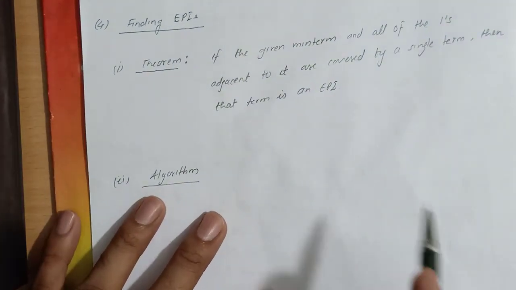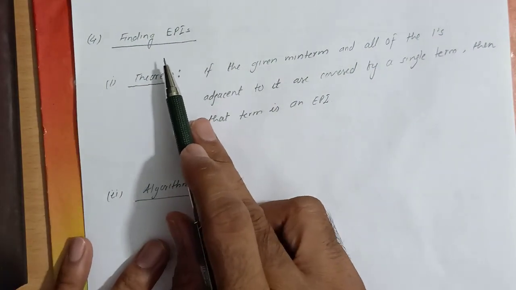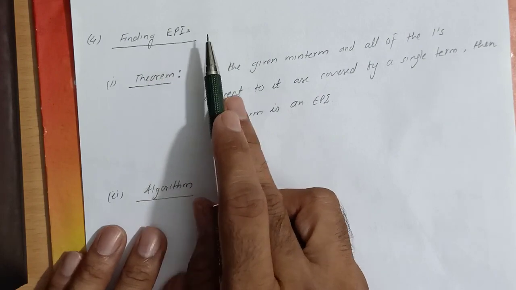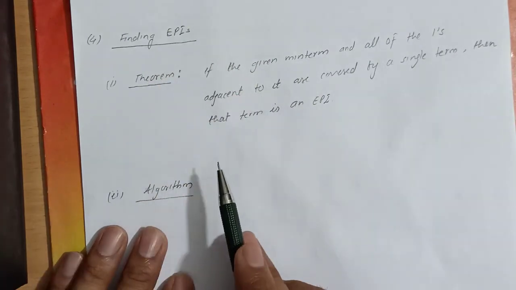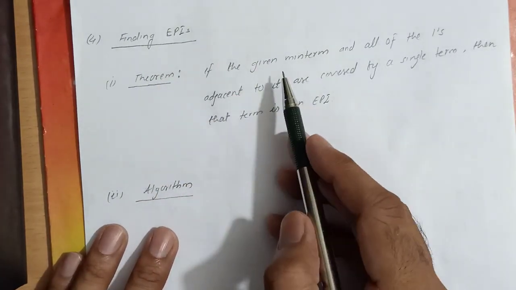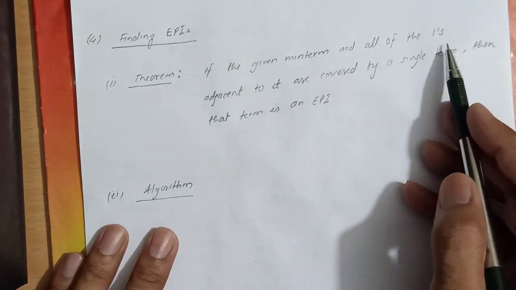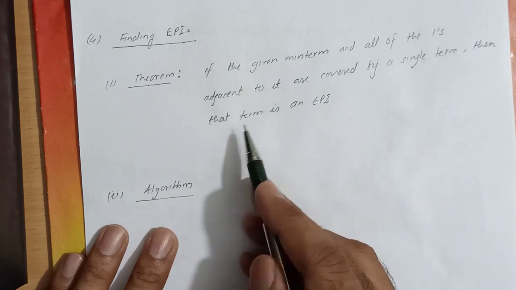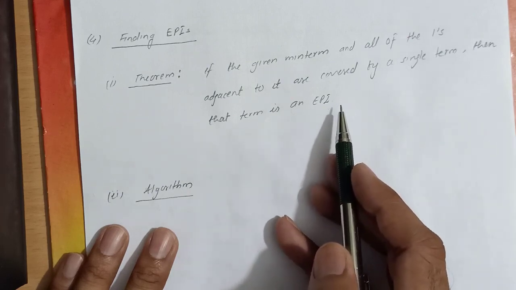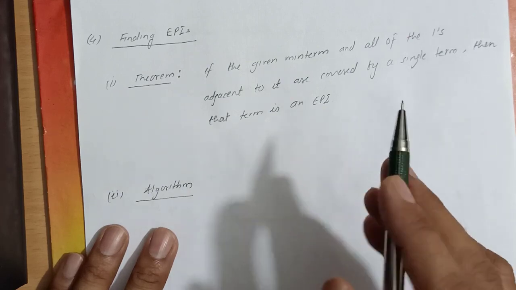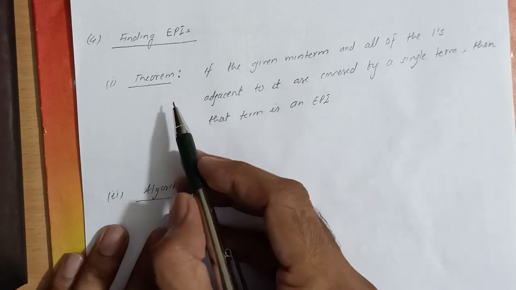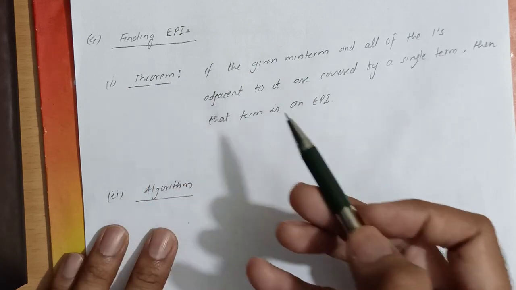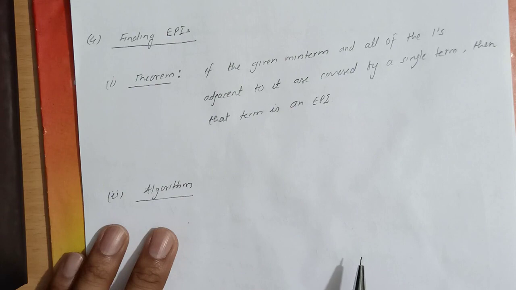Okay, so also when we find the essential prime implicant, we have stated one theorem: if a given minterm and all of the ones adjacent to it are covered by a single term, then that term is called an essential prime implicant. So this is one theorem that is related to how to find the essential prime implicant.